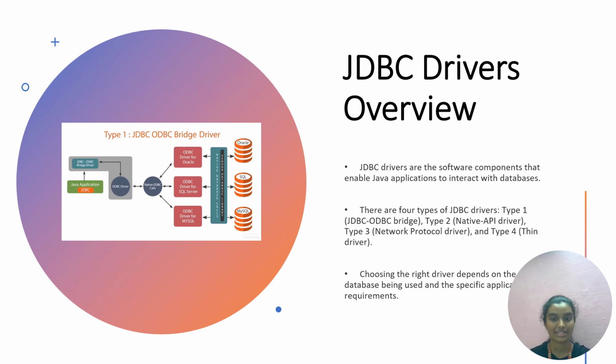And the last one is Type 4, the thin driver. The Type 4 JDBC driver is completely written in Java, and thus it is platform independent. The JDBC driver converts these calls directly into a vendor-specific database protocol.